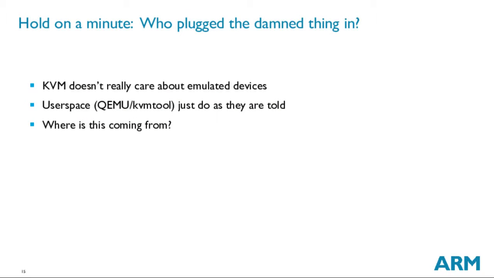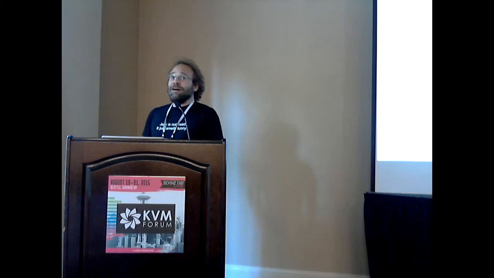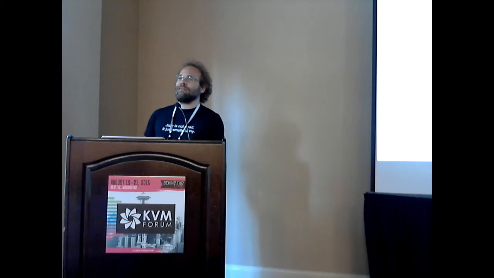So now let's look at it. Who plugged that thing on my beautiful VM? KVM doesn't care about any form of emulated devices, really, apart from things that are directly in the kernel. User space, whether it's QEMU or kvmtool, just does what it's told. So where's that coming from? Well, it's very likely that high-level tools are completely oblivious of architectural differences. And if all you have is Libvirt, absolutely everything looks like an x86.